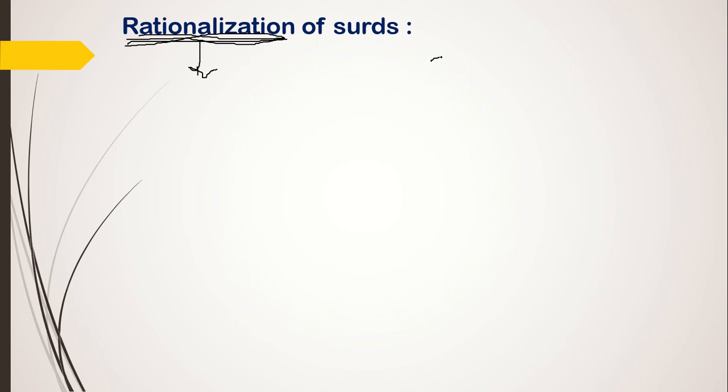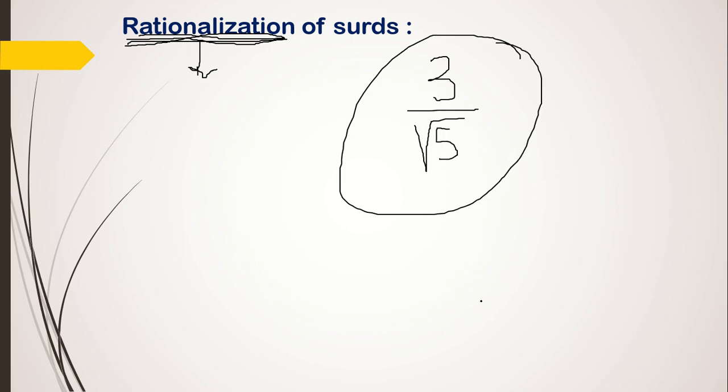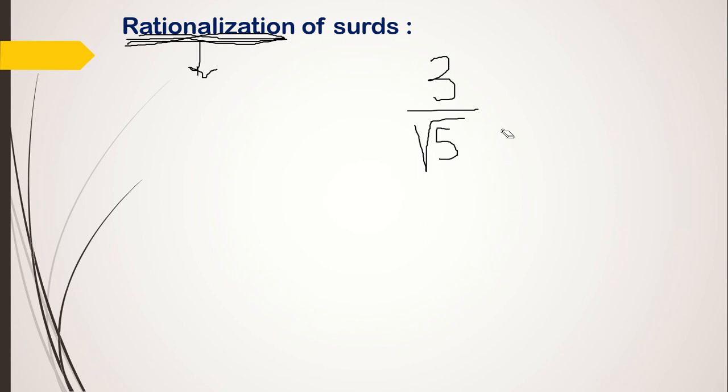So suppose you have some number like 3 upon root 5, and the question says rationalize this number. Means exactly what are we supposed to do? Means you are supposed to get rid of the surd part from the denominator. Okay, we don't like to have surd part, that is this radical sign part, in the denominator.